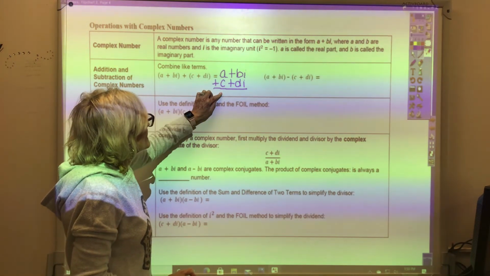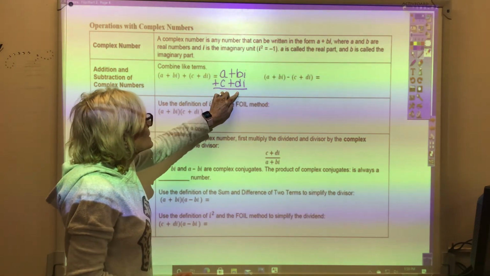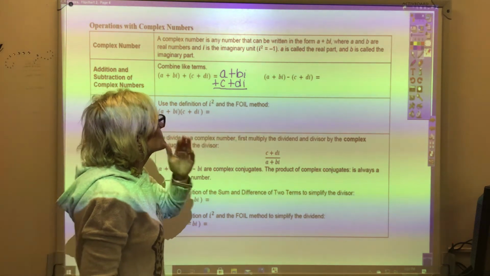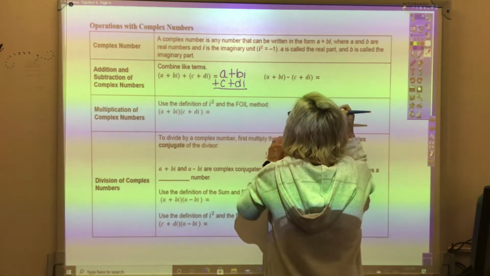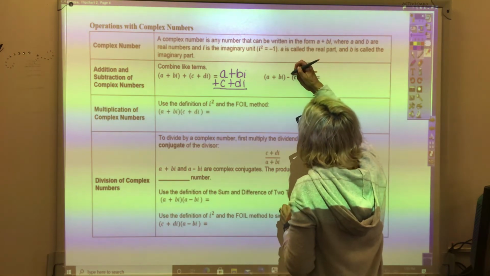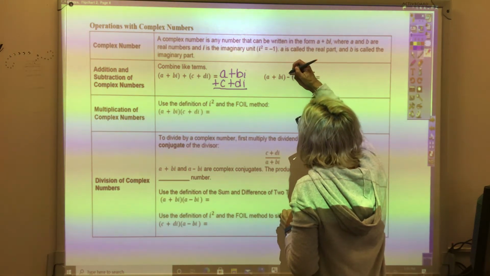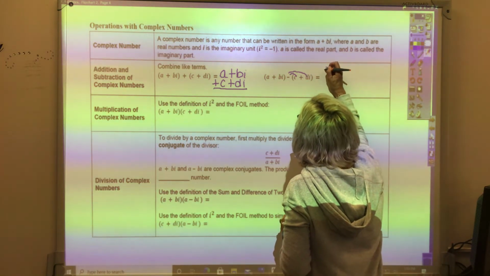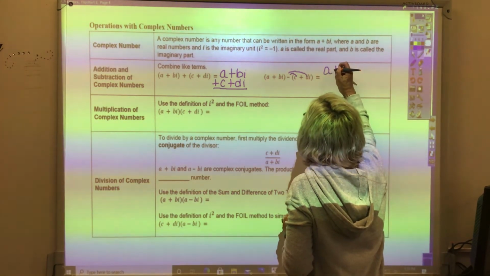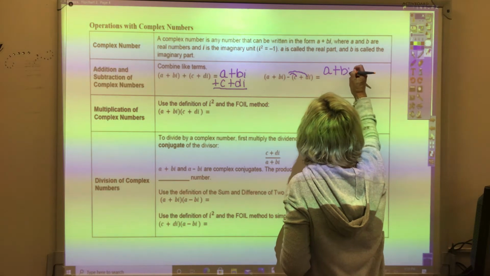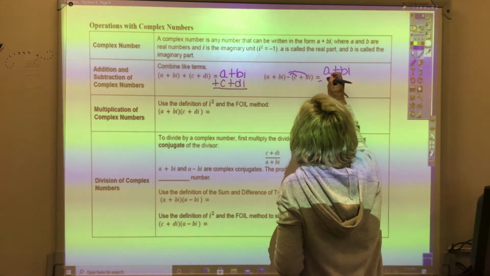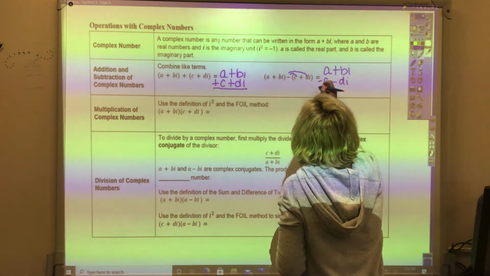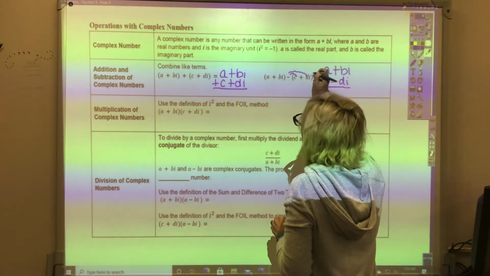You would add here and add here, and you would have your complex number. If it's subtraction, remember that the minus goes with everything in the second parentheses. So when you set this up vertically, it would be a plus bi minus c minus di. Distribute through the negative.